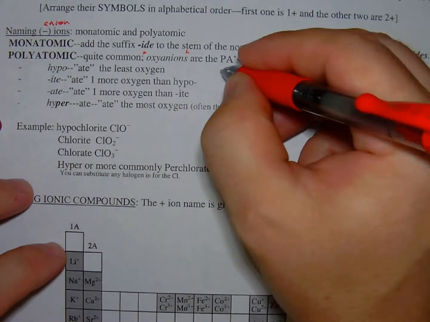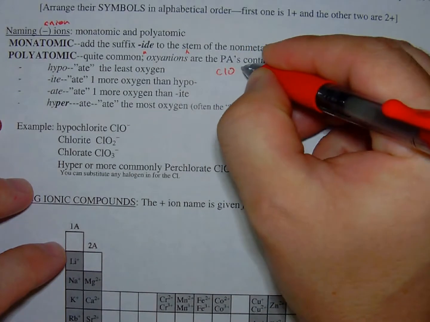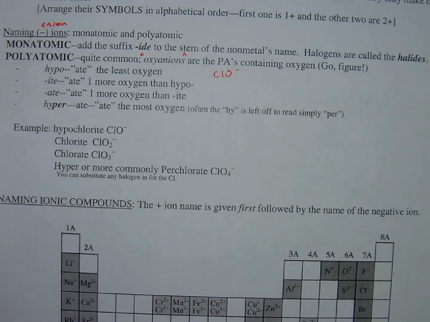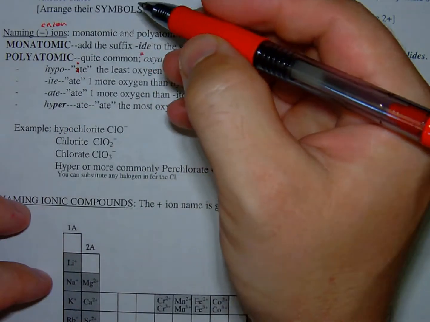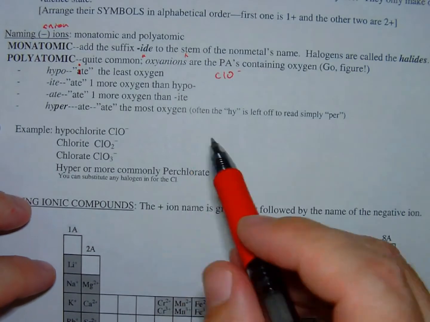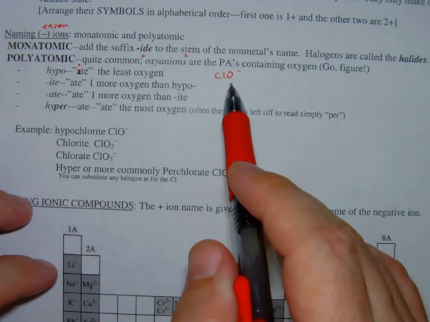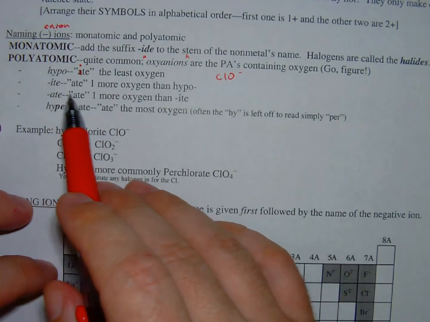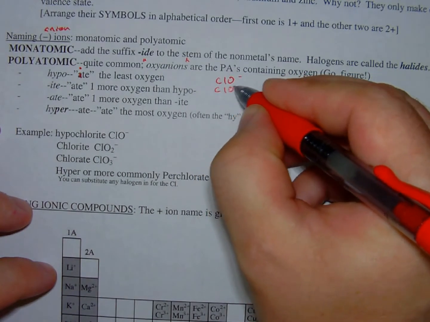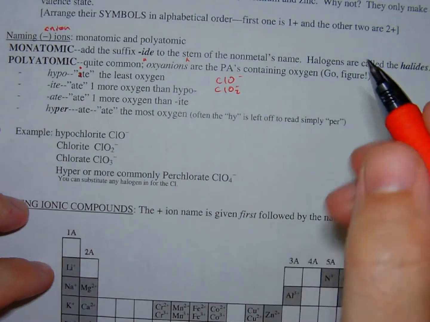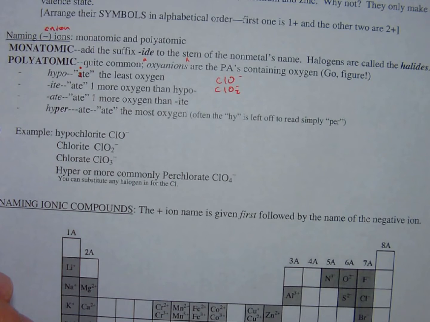My example would be hypochlorite, ClO-. Then we have chlorite, which doesn't have a prefix, just the suffix.